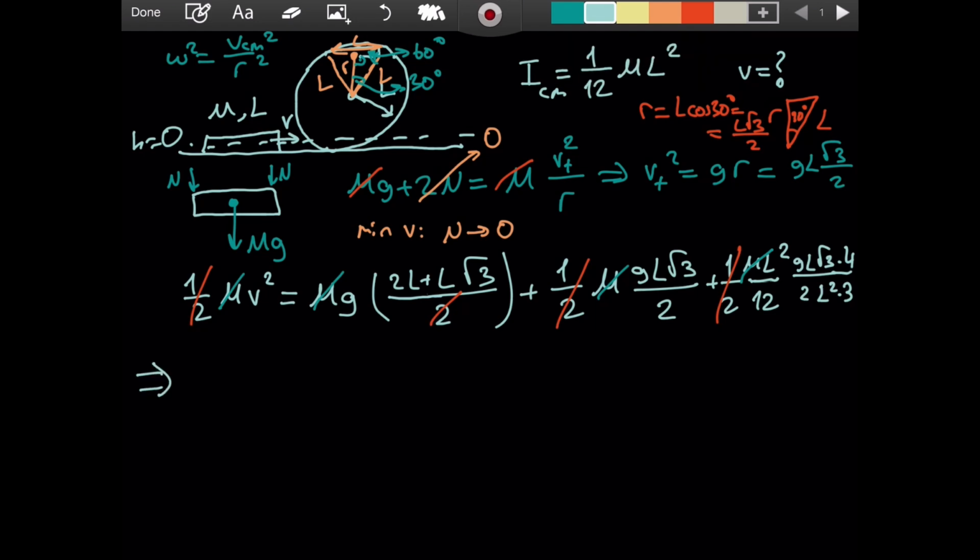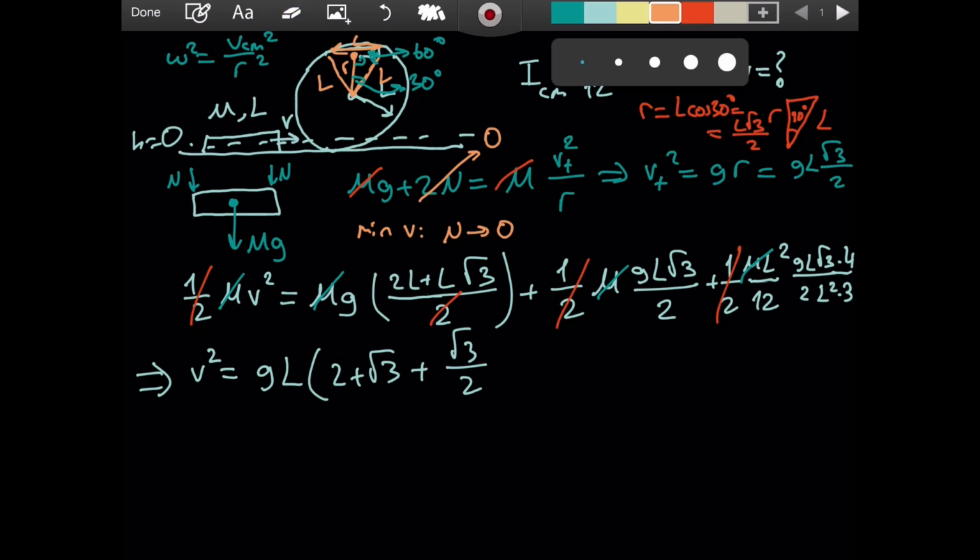Which leaves us, my friends, with the equation that v squared is equal to, let's see, we will have g, let's factor out L, 2 plus the square root of 3, alright, plus the square root of 3 over 2. And what else? Well, in the last term, you can notice that L squared cancels.